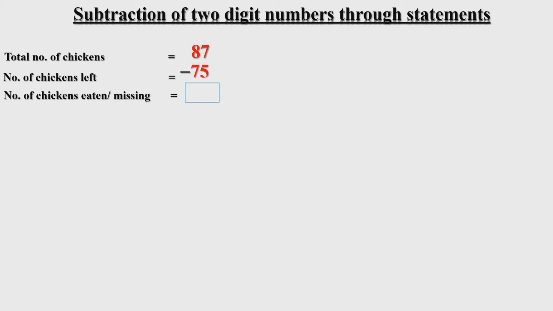Now, we will start subtracting from ones column. 7 minus 5 is equal to 2. Write 2 in ones column. Now, we will come to tens column. 8 minus 7 is equal to 1. So we will write 1 in tens column. So here we get number of chickens eaten by fox or number of chickens missing is equal to 12.